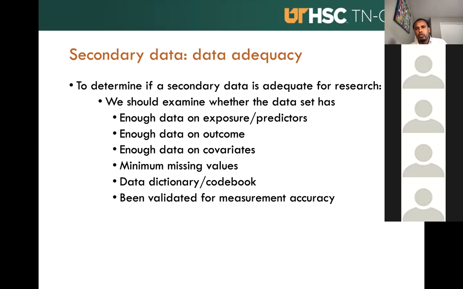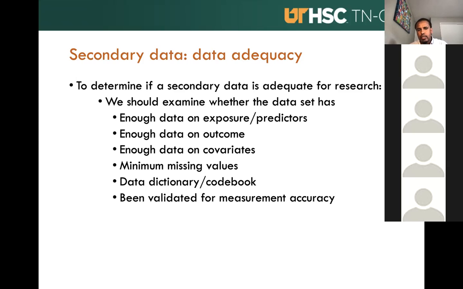In order to avoid any spurious association being detected during data analysis, you want to adjust for certain covariates, so one has to make sure that your secondary data contains data on covariates.